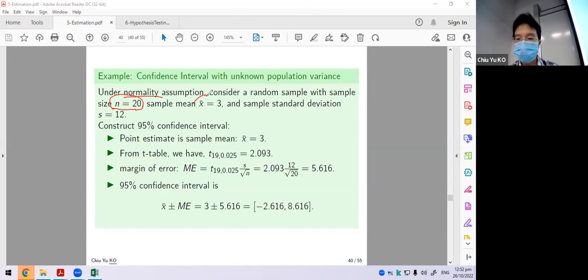The sample mean is 3. The sample standard deviation is 12. Construct a 95% confidence interval. That is x bar plus or minus t n minus 1, alpha over 2, times s over root n. So this is the formula, and by construction, s is here. So this is done.